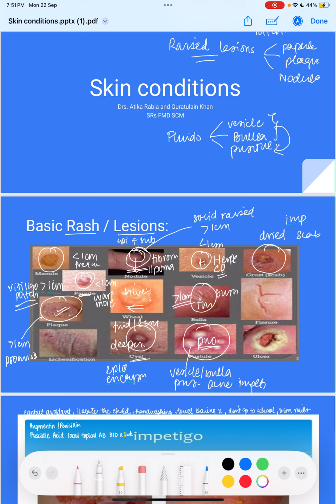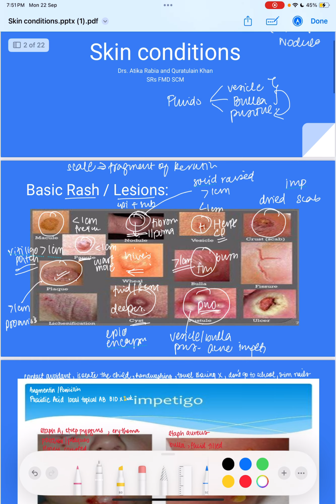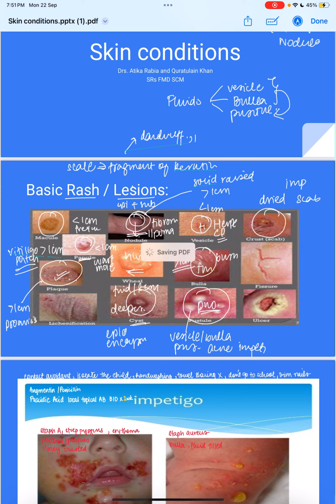So scales are not drawn here, but a scale is basically a fragment of keratin. So why is this important to remember? Because it's fairly common in the form of dandruff, right? And psoriasis can also be scaling.